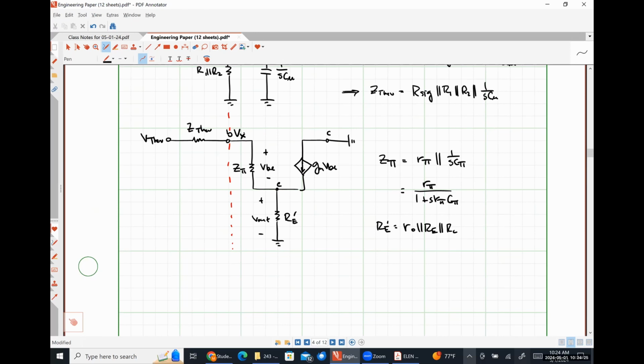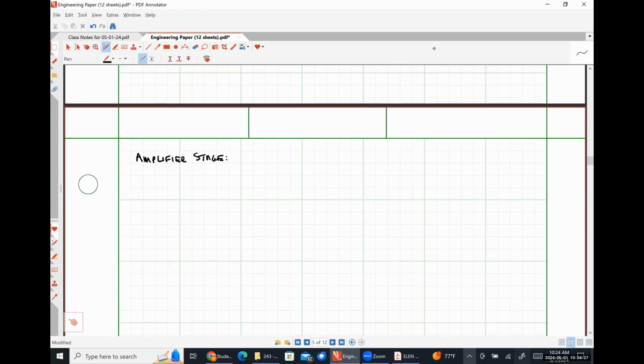So the voltage at the base, we're just calling this Vx. So that's going to look something like this. So we have Vx as an input voltage, which is dependent on our input stage.